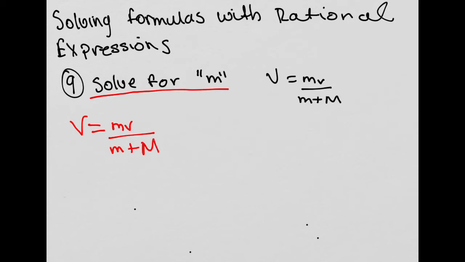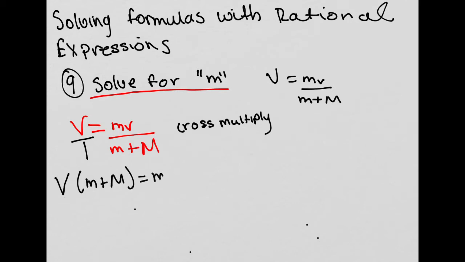I'm going to start by putting it over 1. And I'm going to cross multiply. Alright. So then I have big M times little m plus big M equals little m, little b. Then I'm going to distribute, because I need to get the little m outside of the parentheses.